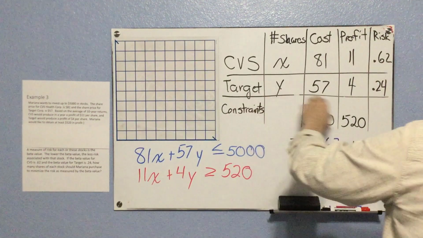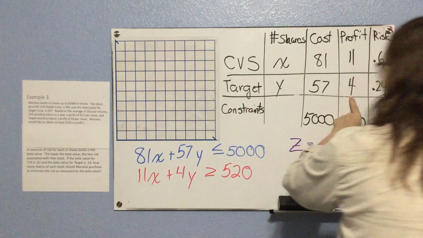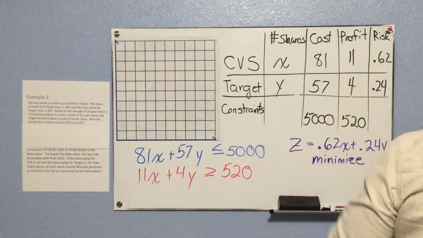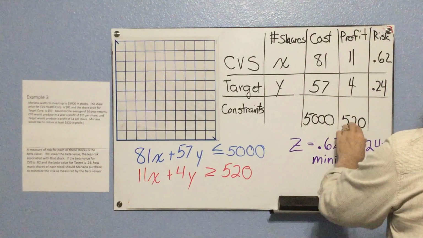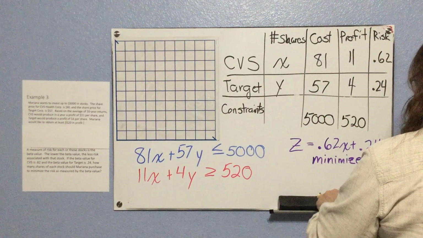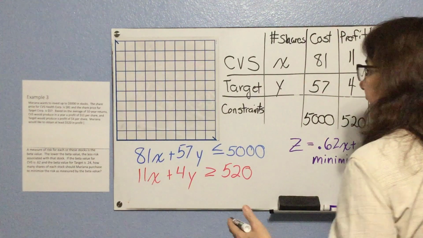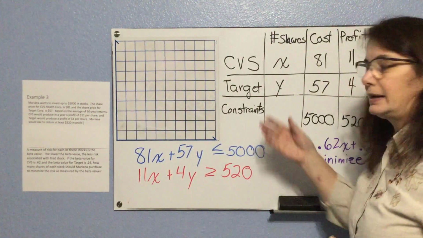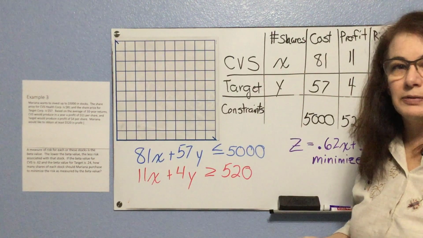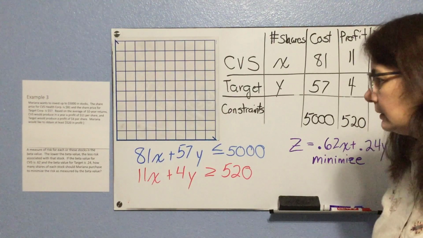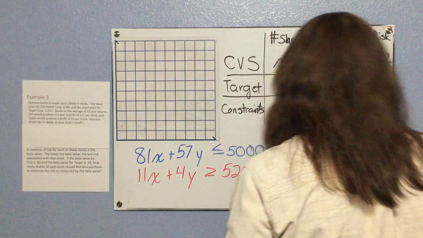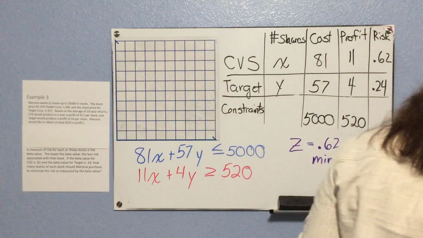So looking just at the risk, I say, well, I want to buy as much Target as possible, but Target doesn't make as much money. So to meet my goal of 520, I'm going to have to buy some of the CVS as well. I didn't say it, but it only makes sense. X and Y both have to be greater than or equal to 0. I can't buy negative shares of stock. So we'll just stay in this first quadrant.